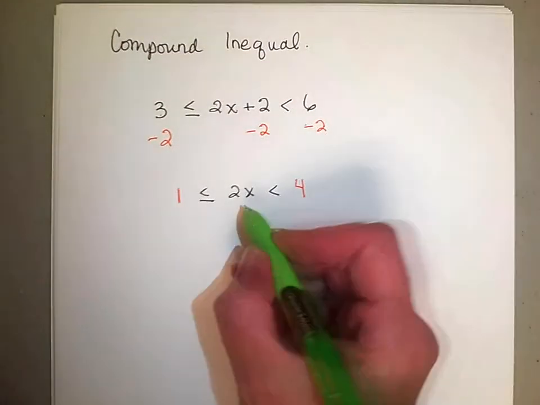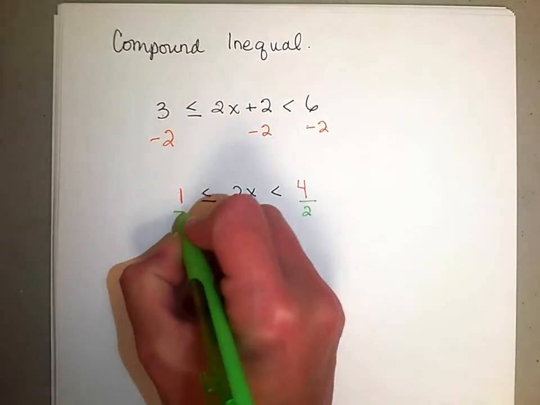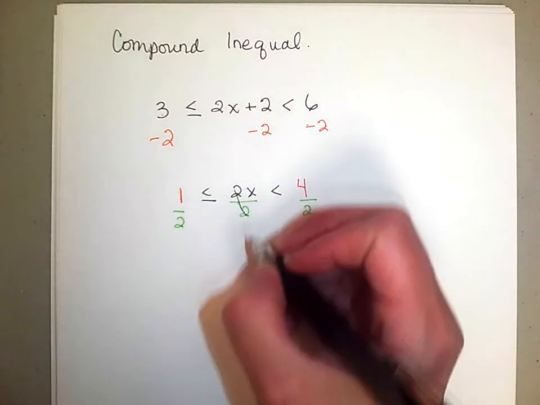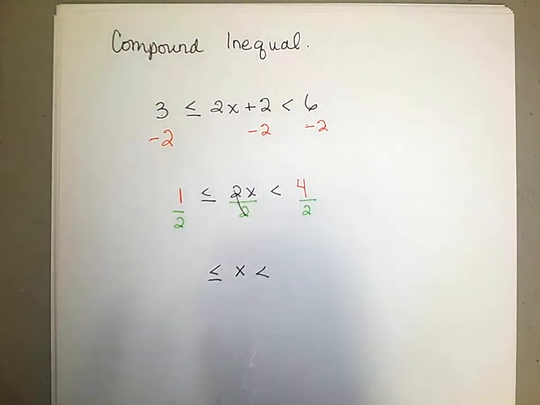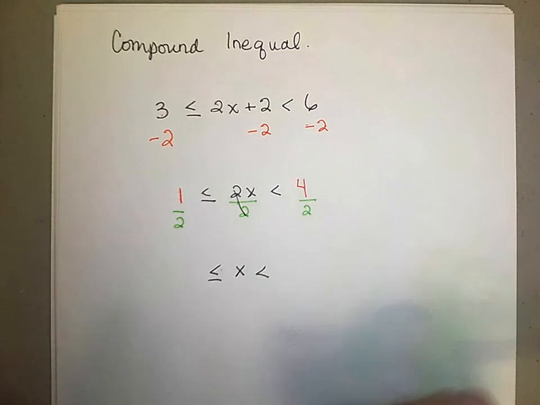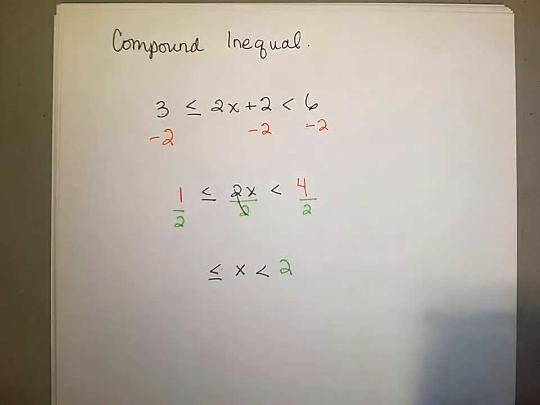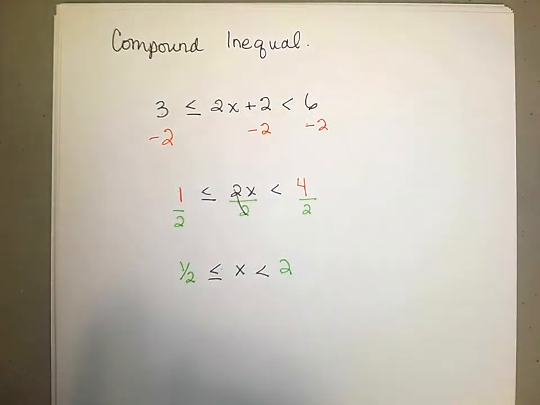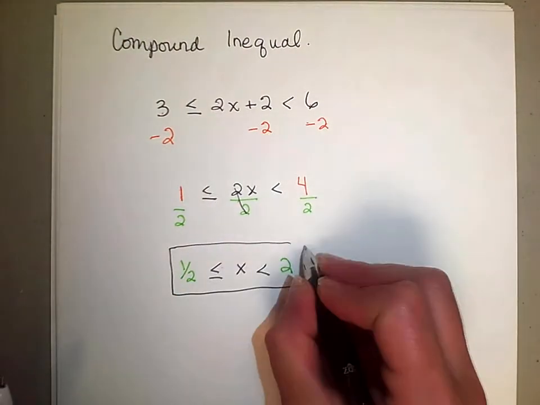Now I would like to get to x, so I need to divide by 2. So in the middle, the 2's cancel. We have just x, and on this side, 4 divided by 2 is 2. On this side, 1 divided by 2 is just a half. So here's the solution for that.